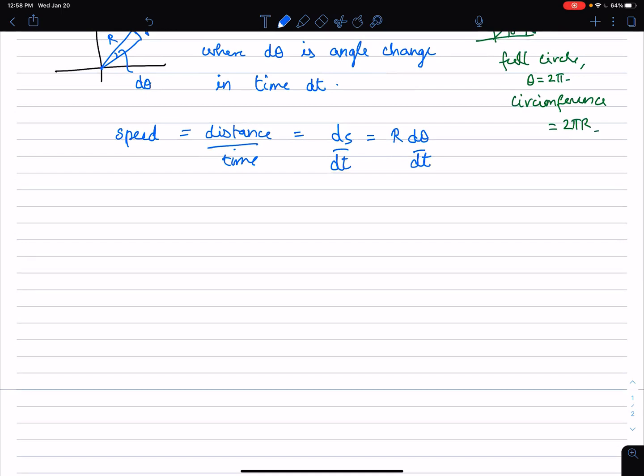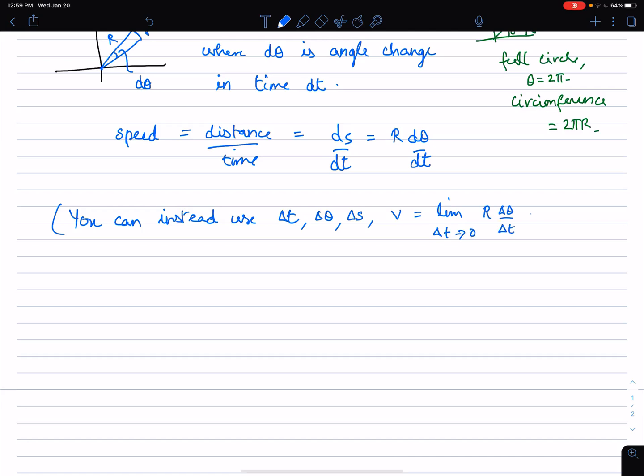Okay, so let me just throw that as an aside: delta t, delta theta, delta s, and then v equals limit delta t going to 0 of r delta theta by delta t, which is r d theta by dt.